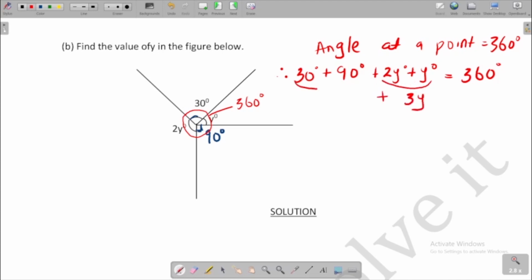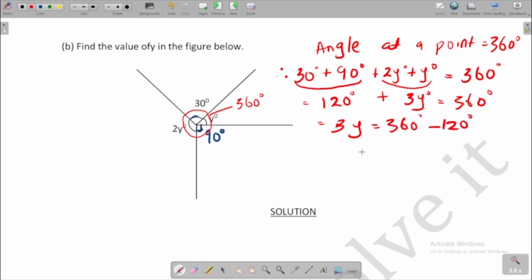If you add this and this together, you have 120 degrees, equal to 360 degrees. So take this to the other side. We have 3y equal to 360 degrees minus 120 degrees. So 3y equals 360 minus 120, which gives us 240 degrees.